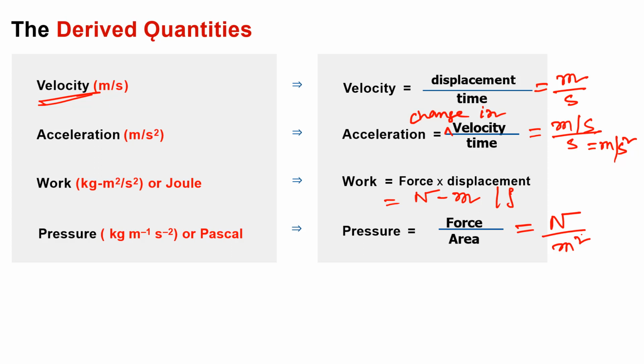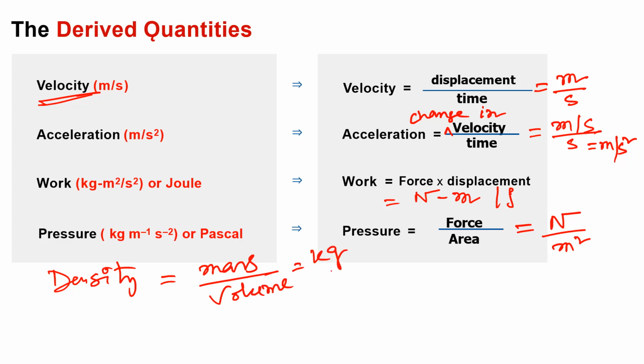There are other derived quantities as well. Suppose I am talking about density, right? Density is expressed as mass by volume. The SI unit of mass is kg and the SI unit of volume is meter cube.